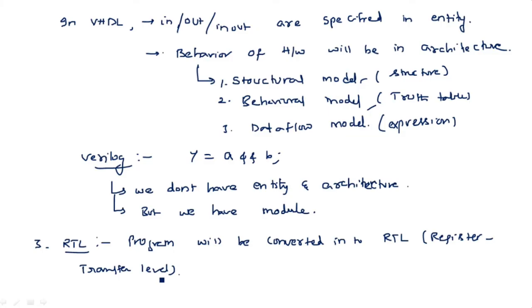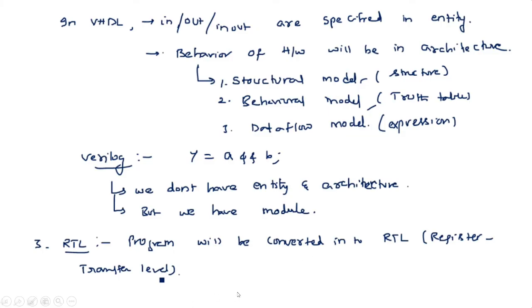Behavioral modeling means that with the help of a truth table, we write the behavioral model. Data flow modeling means writing with expressions. The same thing we saw in Verilog will come in VHDL, but here we are using symbols, and some predefined AND, OR like that. In the entity we declare the inputs, and in the architecture we write the code.